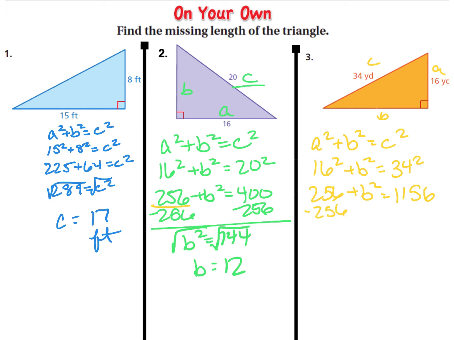We subtract 256 from both sides. So B squared equals 900. I have a feeling I know what this one is, but I'm going to double check on my calculator anyway. B equals 30, and again, they have it labeled, so we're going to label it 30 yards.